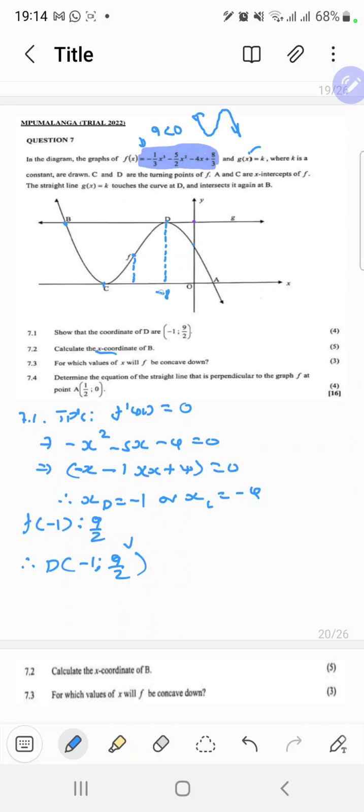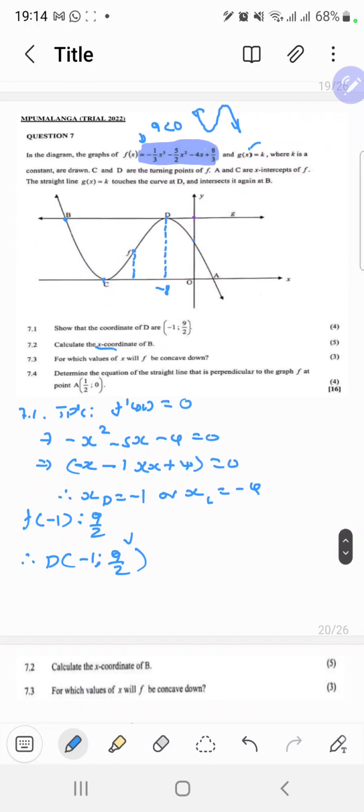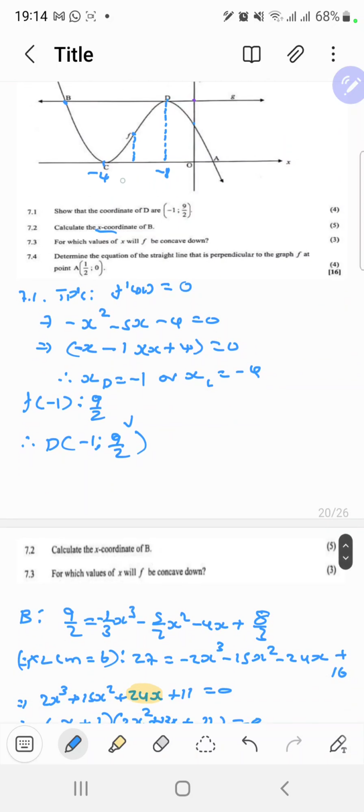What was the other turning point, by the way? Here we got a -4. So this is -4. If you add these two, you get -5, and halving it becomes -5/2.